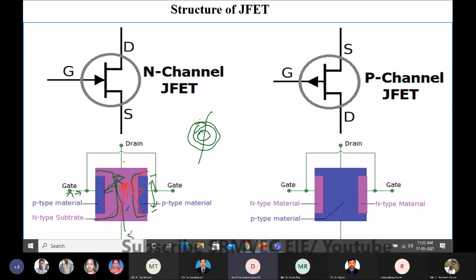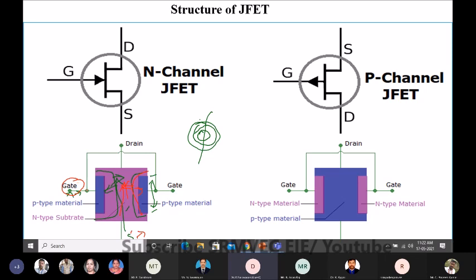to drain. So here also, like your BJT, there are three terminals: source, drain, and gate. Source is where, like the emitter, all the electrons are emitted inside. Whereas the gate is like our household gate, allowing or reducing the flow of charge carriers to the drain.